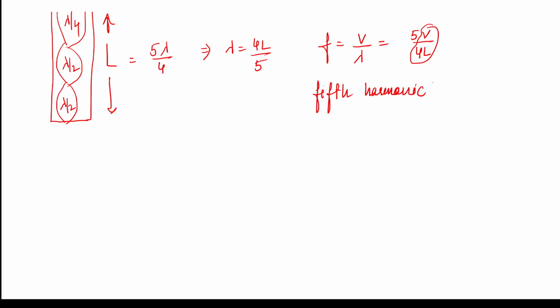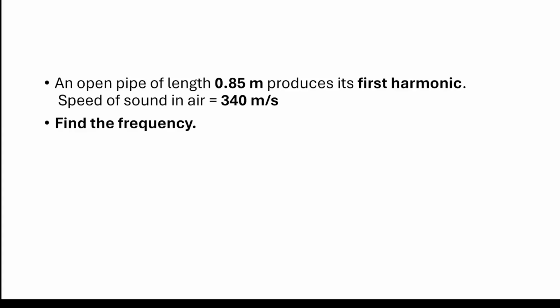Now let's do some questions. An open pipe. So this one is an open pipe. Be careful in the questions whether it is an open pipe or a closed pipe question. Pause and try to do it yourself. It produces its first harmonic. As I told you, I'll try and make a diagram, and this is what you also should be doing. Draw the diagram for the first few questions, and once you are good at them, you can stop making the diagram.